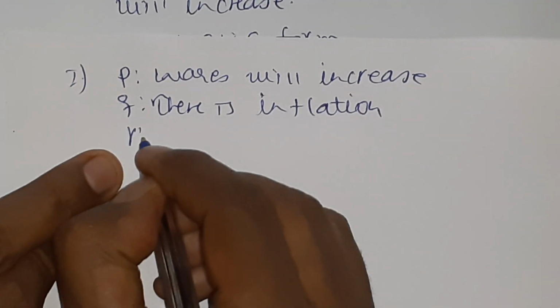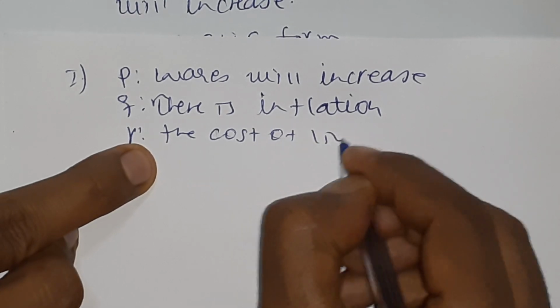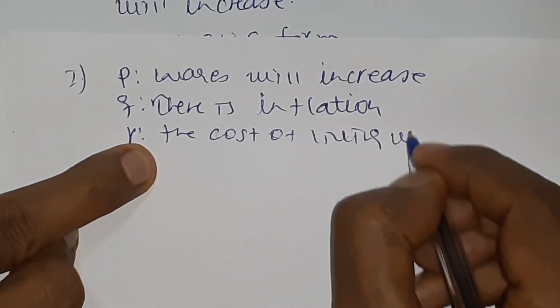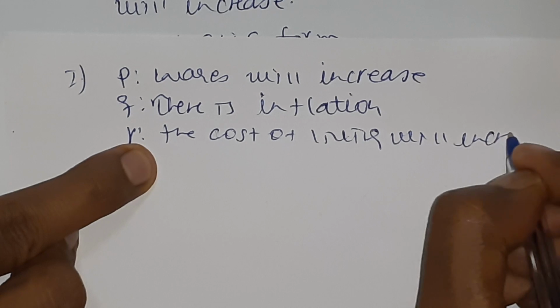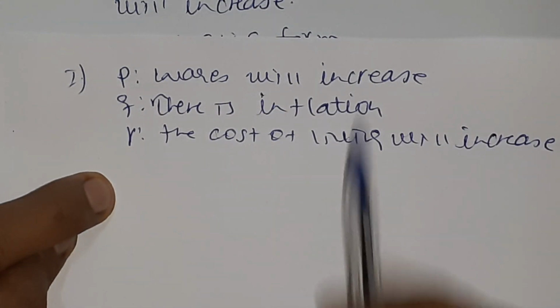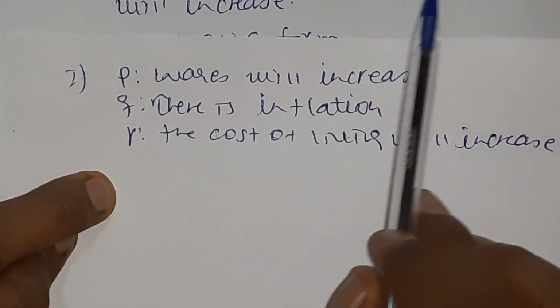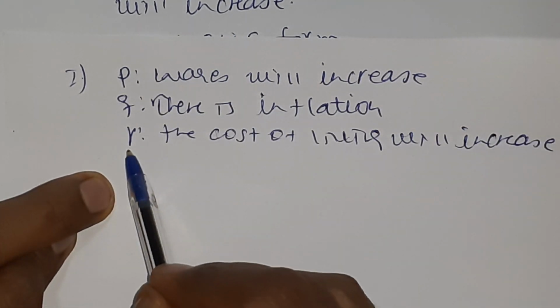So let R represent the cost of living will increase. Then wages will increase, it's already here. Therefore, the cost of living will increase, it is already represented here.